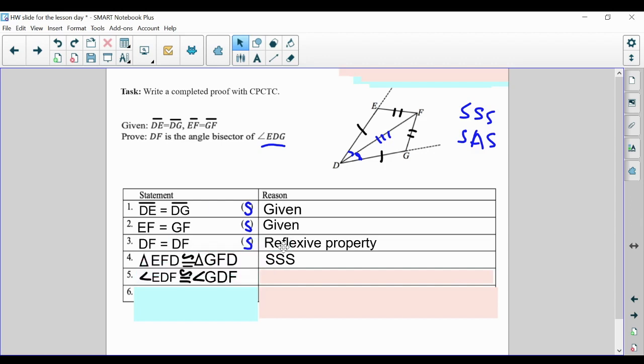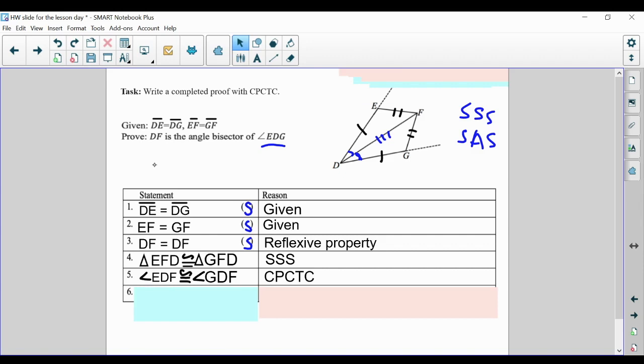We finished proving the triangles are congruent. The corresponding part, which is the corresponding angle, you see these two angles are corresponding angles of the two congruent triangles. We proved that the two triangles are congruent by side, side, side. So now we can use CPCTC, which is why we write CPCTC here, to say the corresponding parts of congruent triangles are congruent.